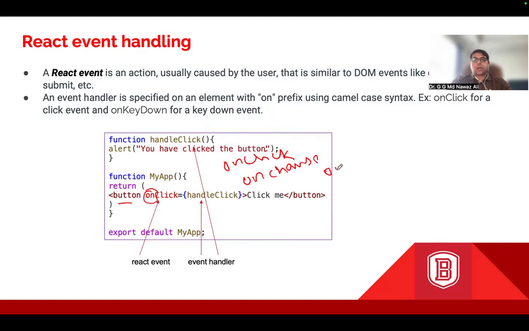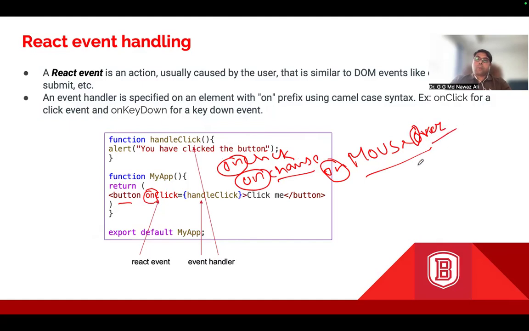If the mouse hover happens, then onMouseHover. So it's basically the name of the event, with on as a prefix, in camel case. If you have mouse over, this O will be uppercase. If it's mouse hover, then M is uppercase and H is uppercase. And then onKeyUp.